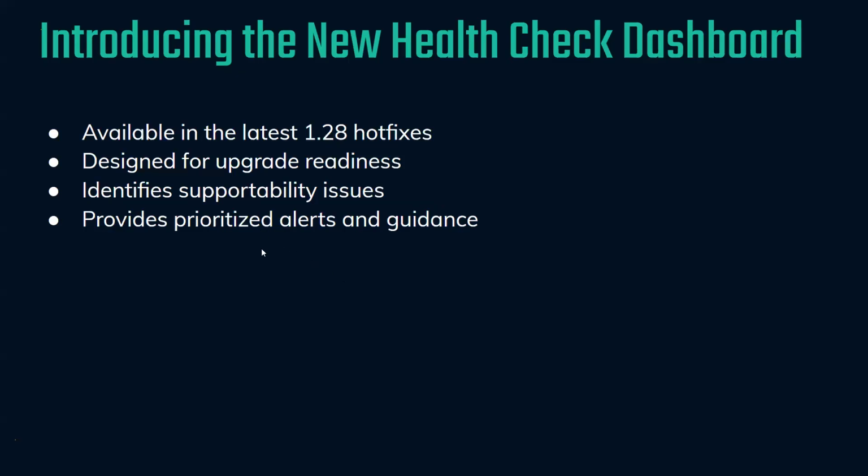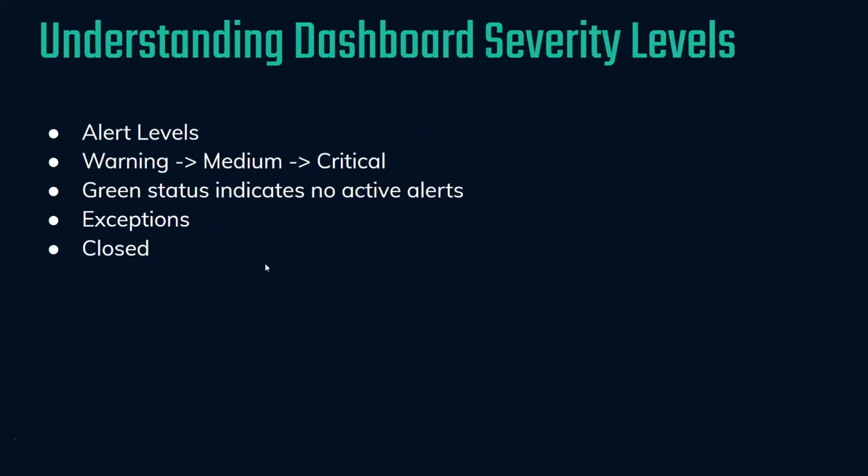It will appear. Our design here is all about upgrade readiness, making sure that we're raising alerts, letting you know the things that need to happen. But it's not only for that, and you'll see us using the alert dashboard for more than that over time. So it's going to provide you these prioritized alerts and guidance.